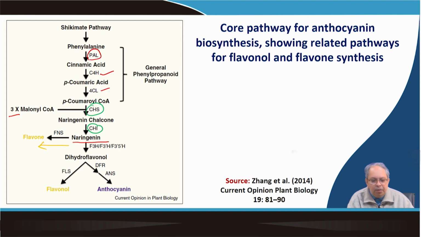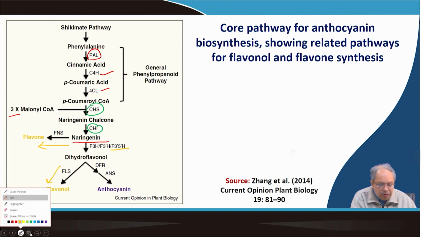F3H is basically flavanone 3 hydroxylase, then F3'H, which is flavonoid 3' hydroxylase, and F3'5'H, which is flavonoid 3'5' hydroxylase. We will see this in due course, and that makes dihydroflavonol. From dihydroflavonol, one route may produce flavonol, whereas the other route is meant to produce anthocyanin in specific plants.